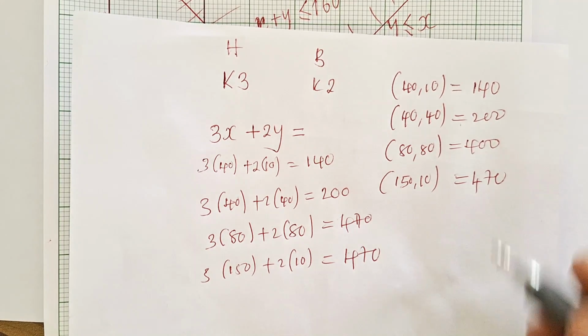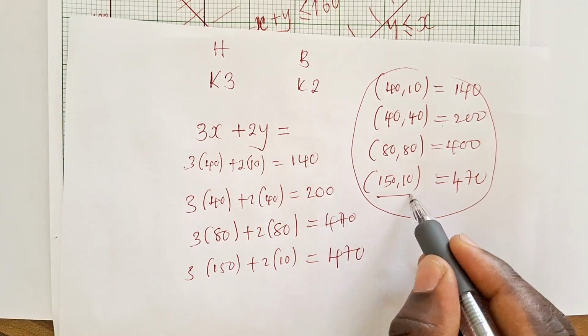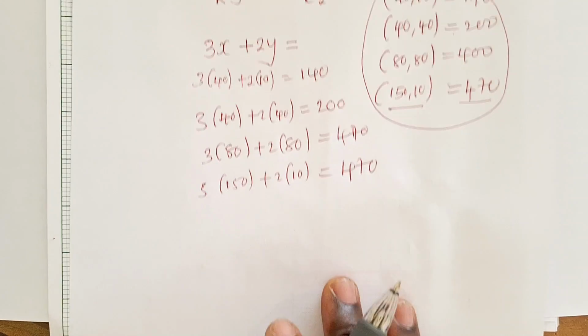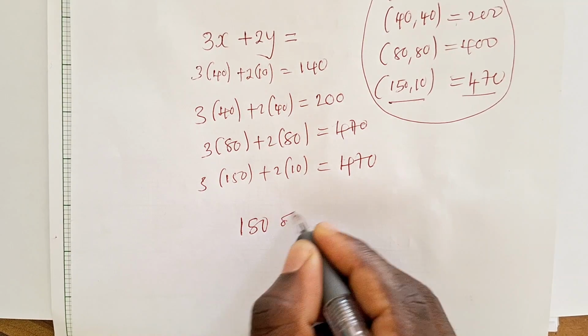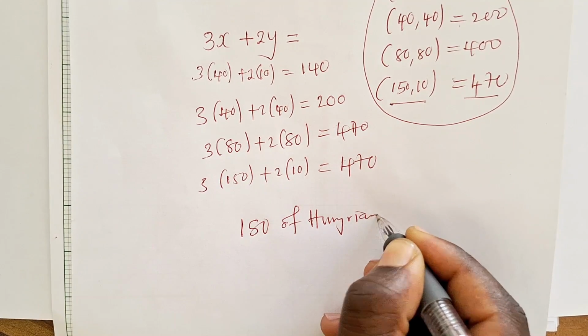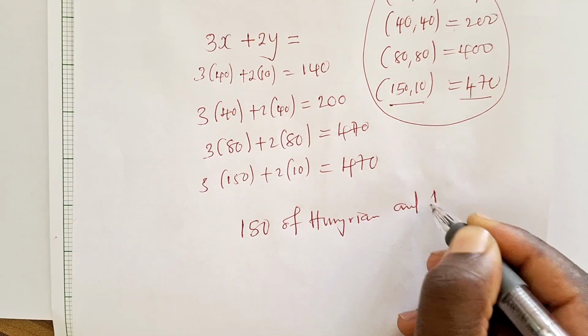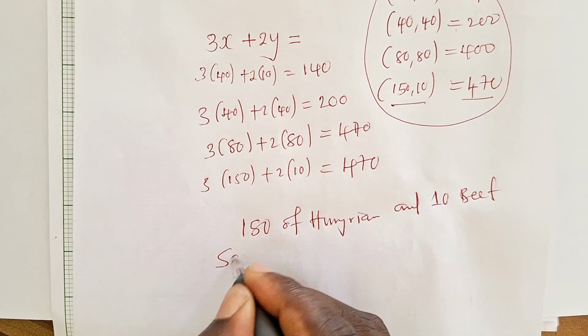Now, when you look at these, which one is giving us the maximum profit? It's these, 470. So we're going to say 150 over Hungarian and 10 of beef sausages.